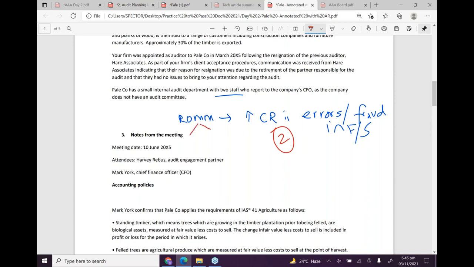Remember, ROM includes inherent risk and control risk. So we're talking about high control risk in this scenario, leading to a higher chance of fraud or error in the financial statements. So business risk is fraud and error in the company. ROM is fraud and error in the financial statements, which are made at the end of the year.